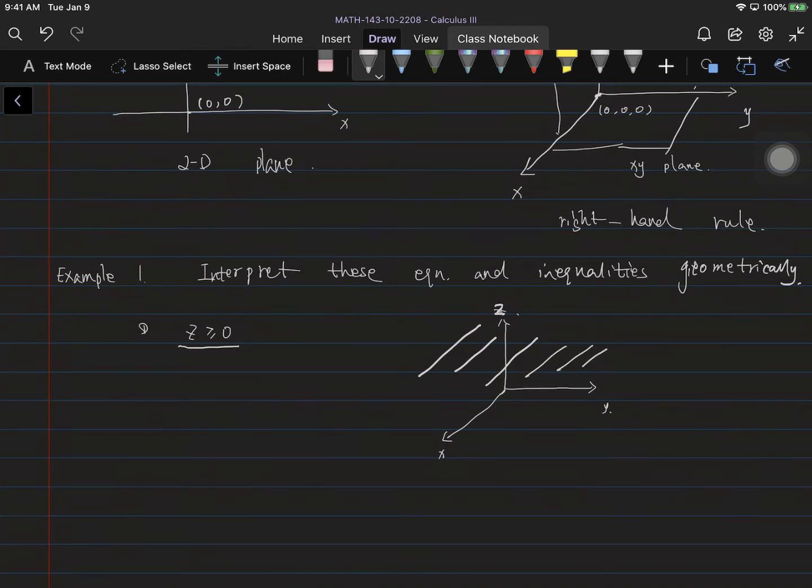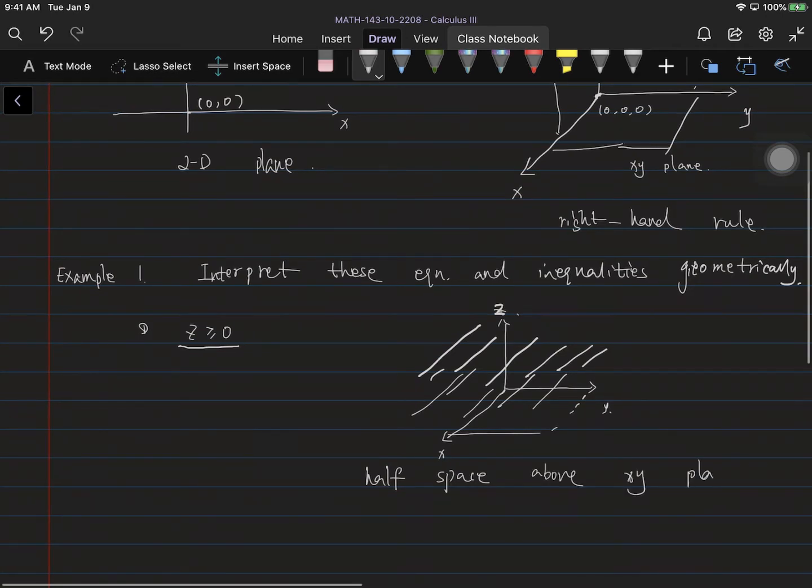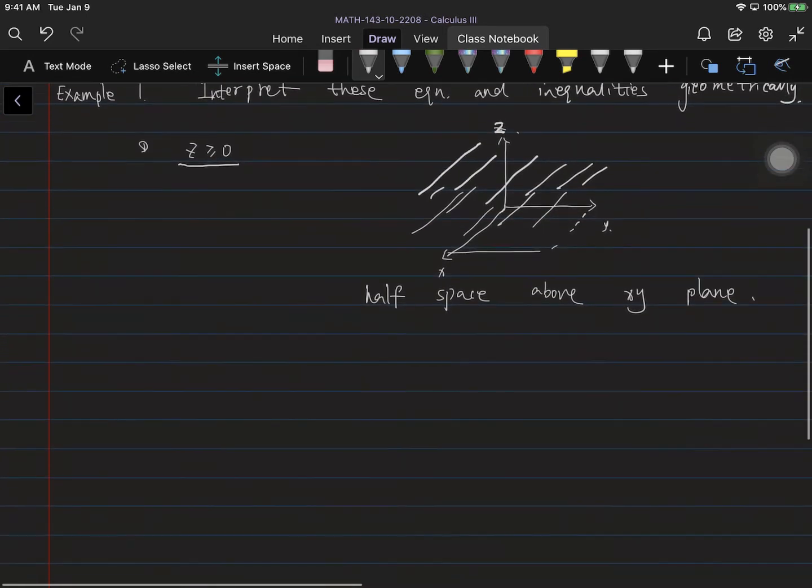So all the points should be above the xy plane. That means half space: we separate the whole space into half, only the top half, the half space above the xy plane. We also include the xy plane because z can also equal 0.